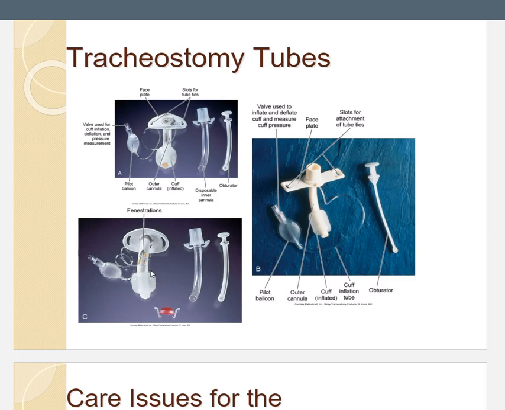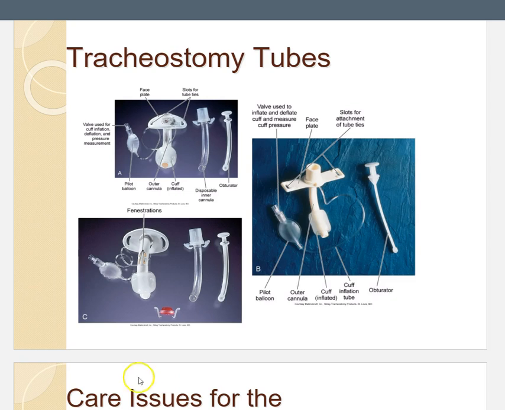Okay. Over here is the fenestrated type of trach, and as you notice from the picture here, I don't know if you could see that very well, fenestrations mean there are little holes in that, and as you can see, it's a little bit of a wider type trach than this one here.